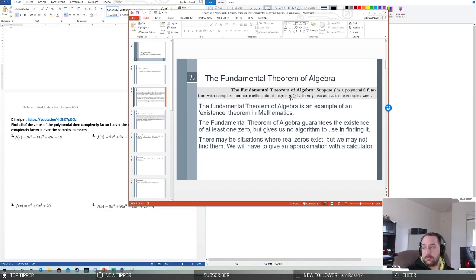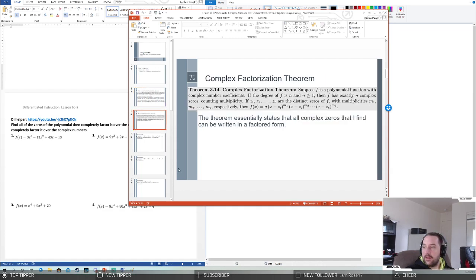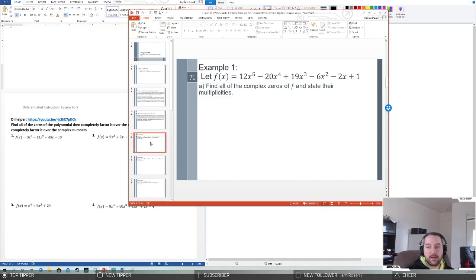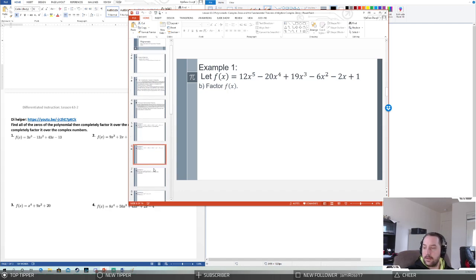We just say the phrase complex zero. We know that it has at least one complex zero when the degree is greater than or equal to 1. Then we're able to factor it into complex numbers. I did an example here, and I'll do that in the recap, in which we factored this and wrote it as x minus a zero, with those complex zeros.